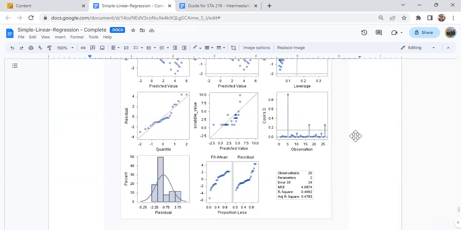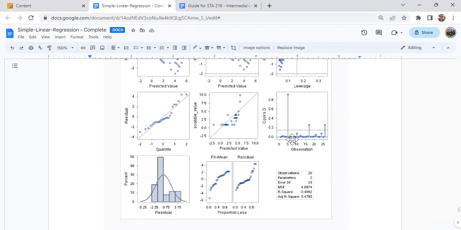So based on the Cook's D plot here, how many, if at all, influential points do we have? Just one, yeah. If we imagined drawing a line here, yeah, here is the influential point.